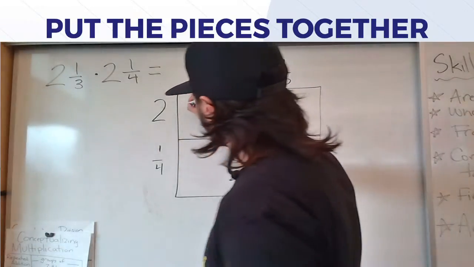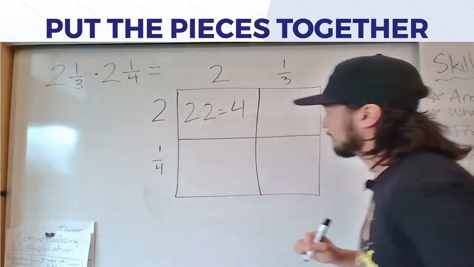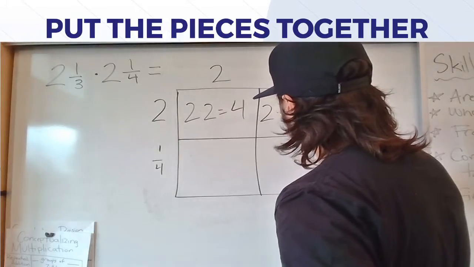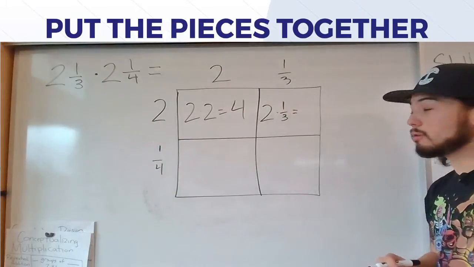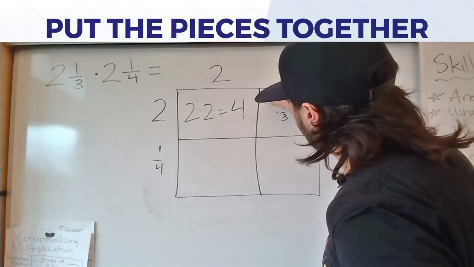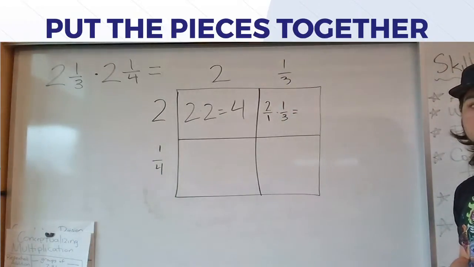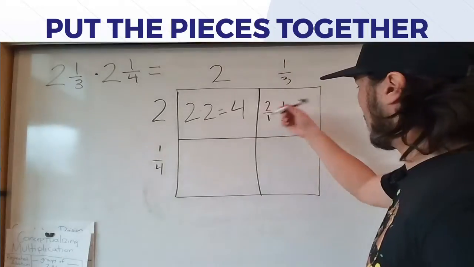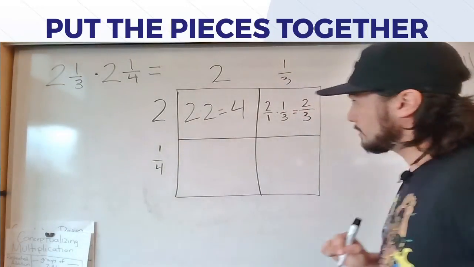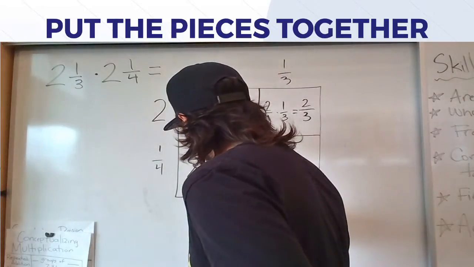2 times 2 is 4. 2 times 1/3. If it's helpful to give this whole number 2 a denominator, you certainly can. You can do 2 wholes, or 2 over 1, times 1/3, and then multiply straight across. 2 times 1 is 2. 1 times 3 is 3. 2 times 1/4.